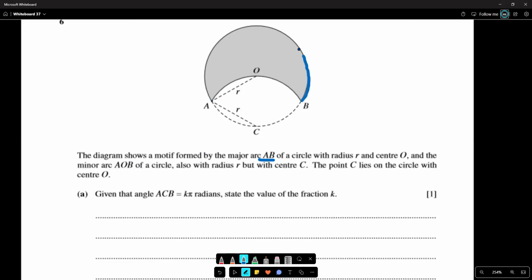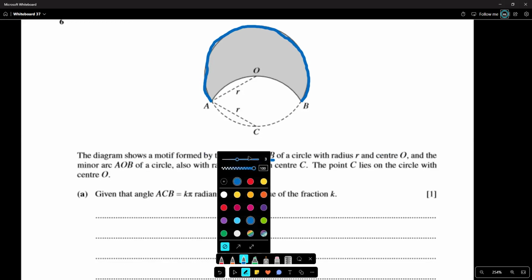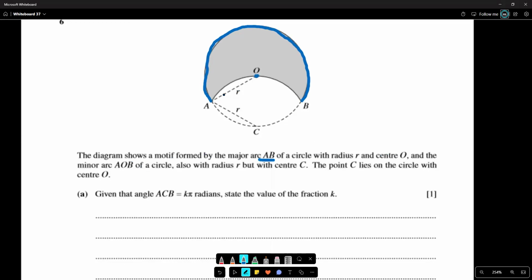So this is the motif, formed by the arc A and B of a circle with radius R and a center O. Right. So the circle with radius R. So this is the center of the circle. Okay. And then this is the radius of the circle.